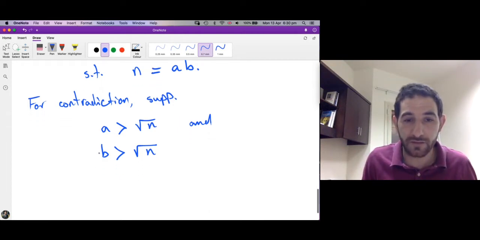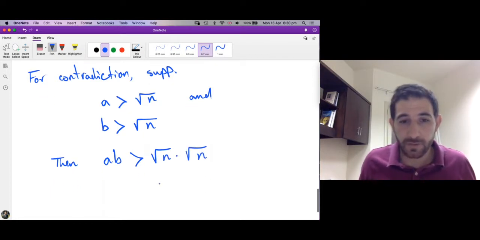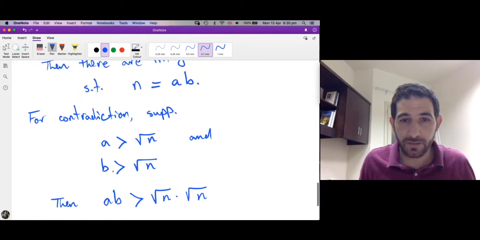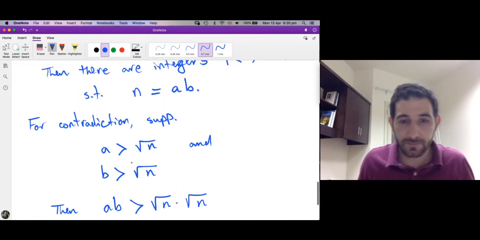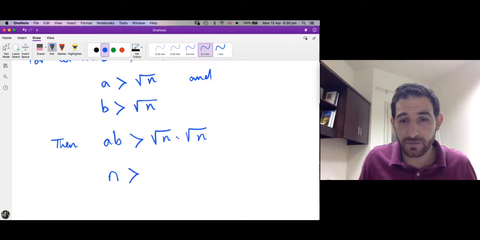Then multiply the left hand side here. So then a times b is strictly bigger than square root of n times square root of n. Okay, but what's a times b? Look from here, a times b is n. Strictly bigger than, what's square root of n times square root of n? It is n, and we obtained that n is strictly bigger than itself, and this is a contradiction.